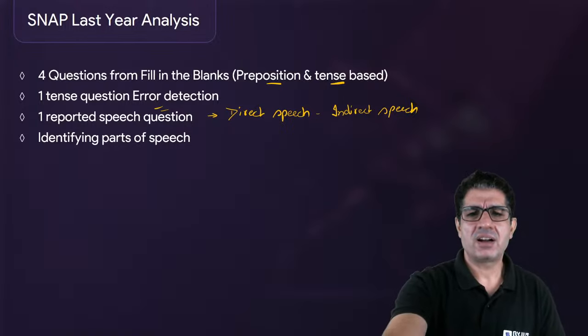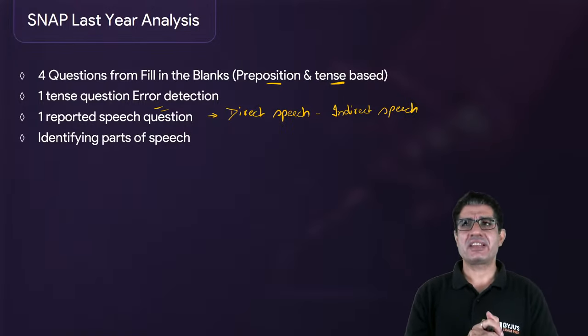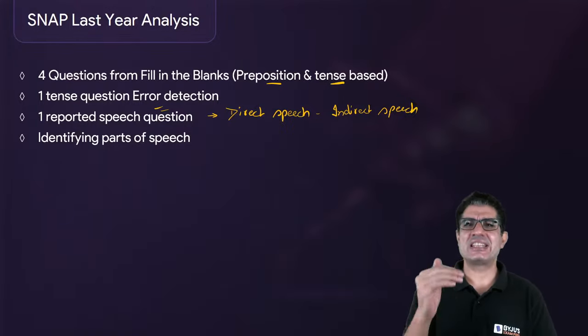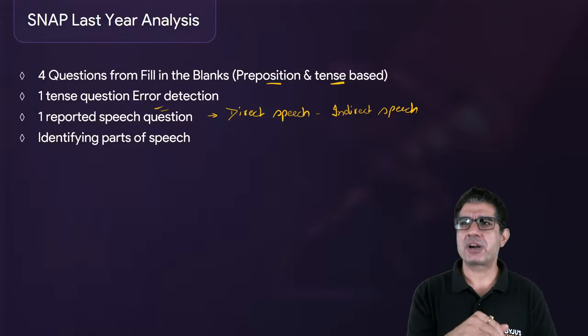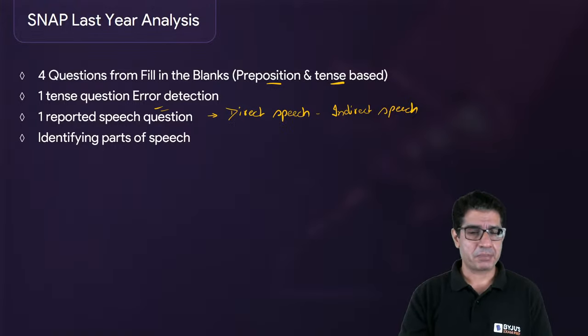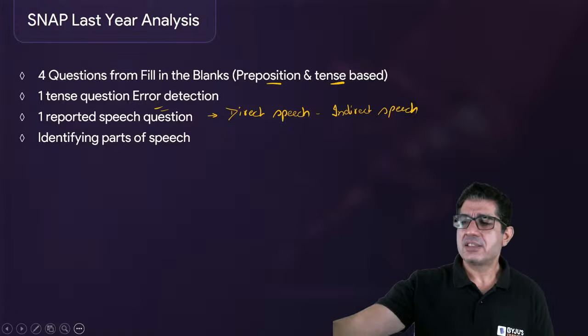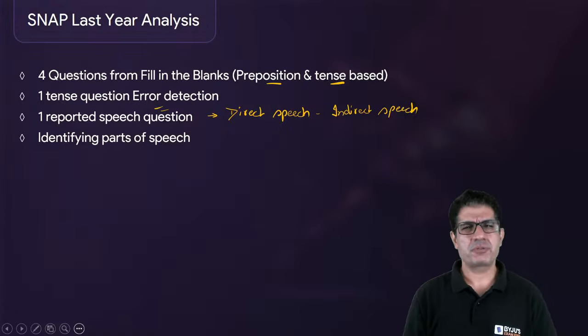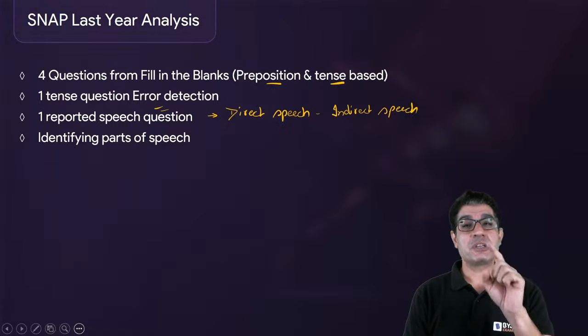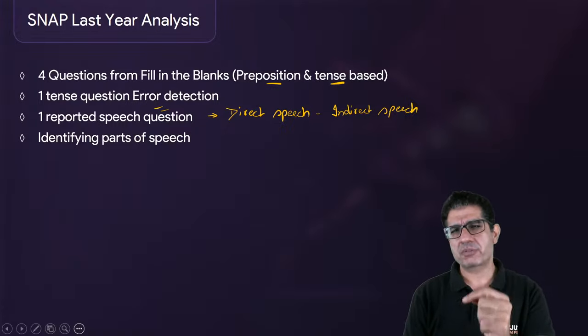So when I say fairly regular, in most of the years they'd either give you a word in a sentence and ask you for its part of speech, or they may. But something that happens more frequently is where they give you 4 sentences. All the 4 sentences use a particular word, and they ask you for the part of speech of that particular word in each one of those 4 sentences.